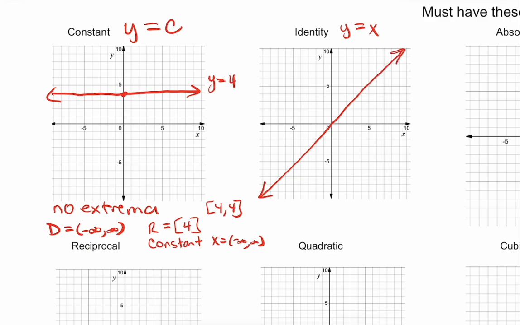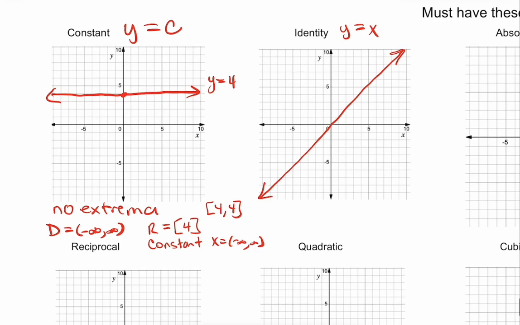It's our straight line with a slope of 1 going through the y-intercept. There's no extrema, no bumps in it. The domain is all real numbers. The range is all real numbers. Now, think about a sloping line.